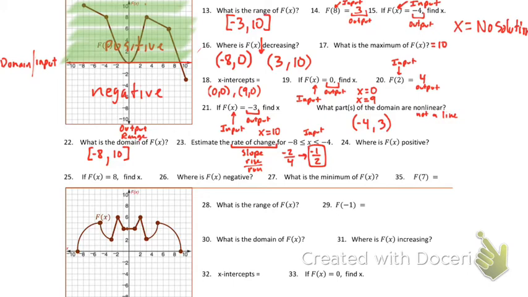So let's look. Using our input line as measurements, we are above water starting at -8. So we are above water at -8. Okay, and then we are still above water until we get here.